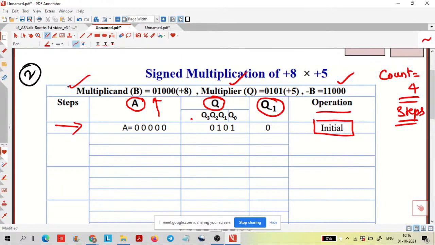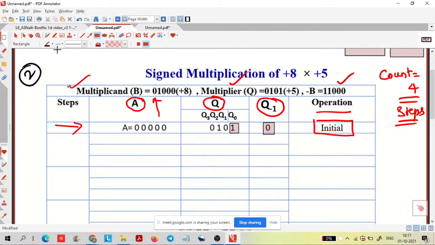So the initialization is done. Once the initialization is completed, you are required to compare. Compare this bit. What is the Q naught value? 1. Then what is the Q minus 1 value? 0.